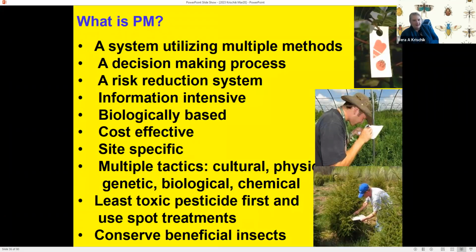IPM is a method based on educational information. It's a decision-making process that reduces risk to you, in that it reduces pesticide exposure and risk. It's very information and education intensive. It's biologically based, cost effective, and site specific. I started out talking about leaf feeding beetles and Japanese beetles.